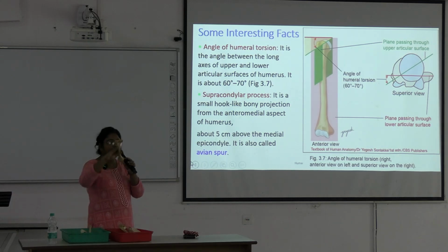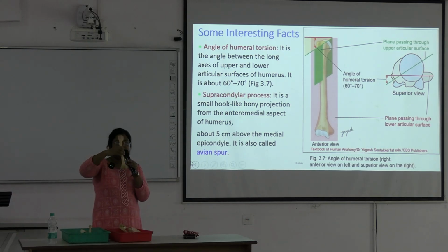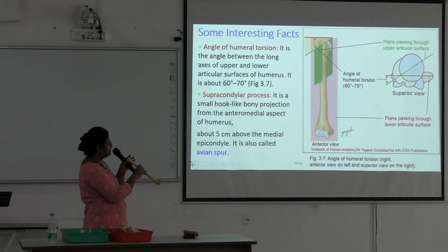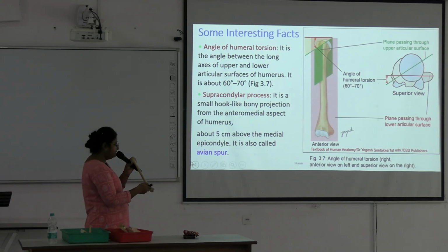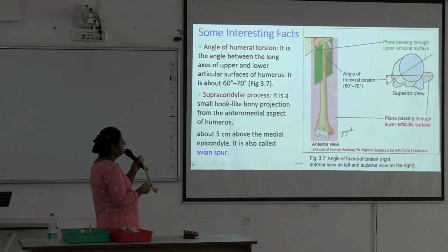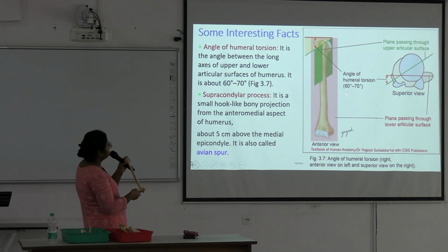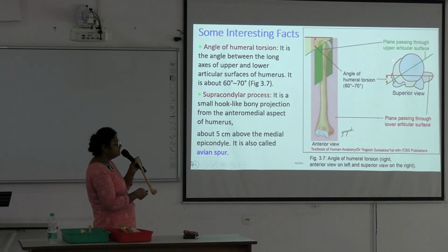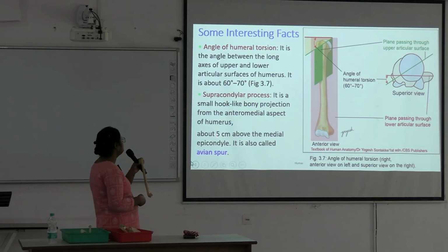If you see the humerus from here like this, two ends will overlap, and it will form this view. So the angle between these two axes, about 60 to 70 degree, is known as angle of humeral torsion.